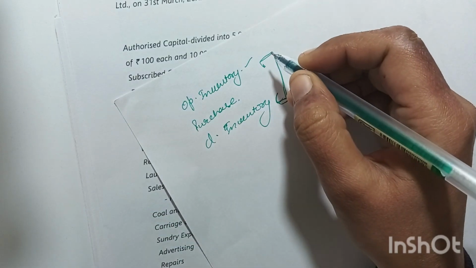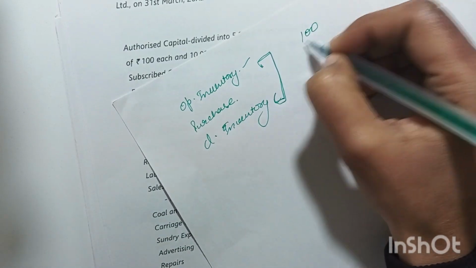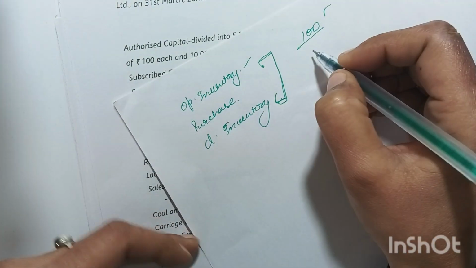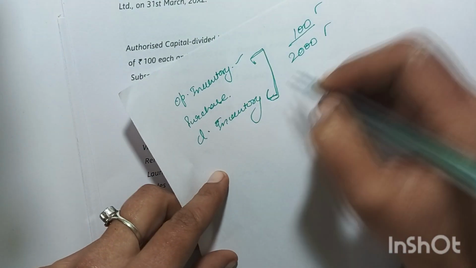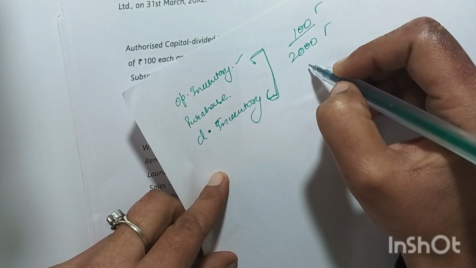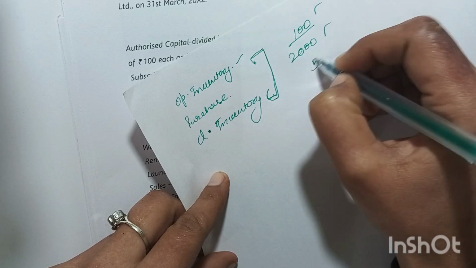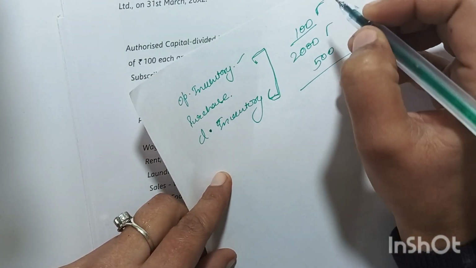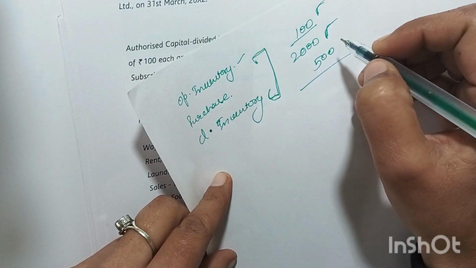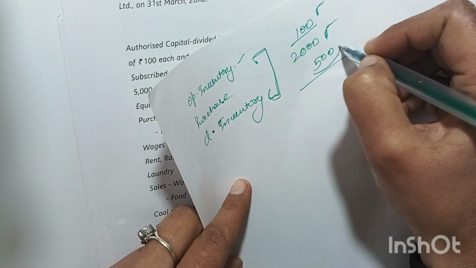Like, suppose we had 100 rupees of goods lying, okay, and we purchased 2000 of goods, okay, and now we have remaining stock of 500. Okay, so 100 is in the beginning, 2000 we purchased, and 500 still remains.